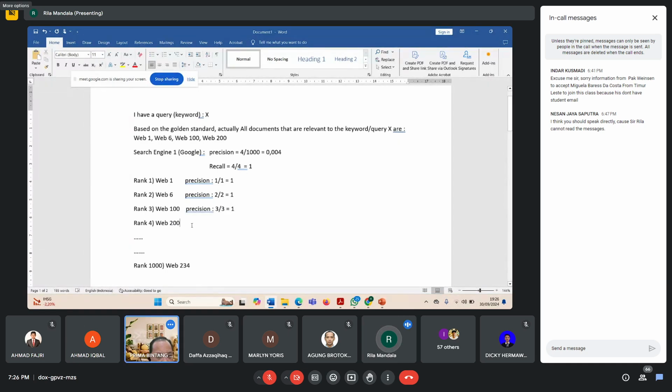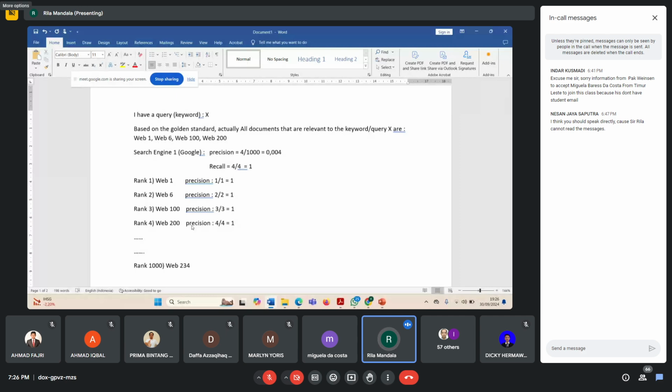Okay, rank 4. Web 200 relevant or not? Yes. So we compute the precision at that rank. 4 true positives in rank 4, divided by all the retrieved documents, 4. Equal 1.